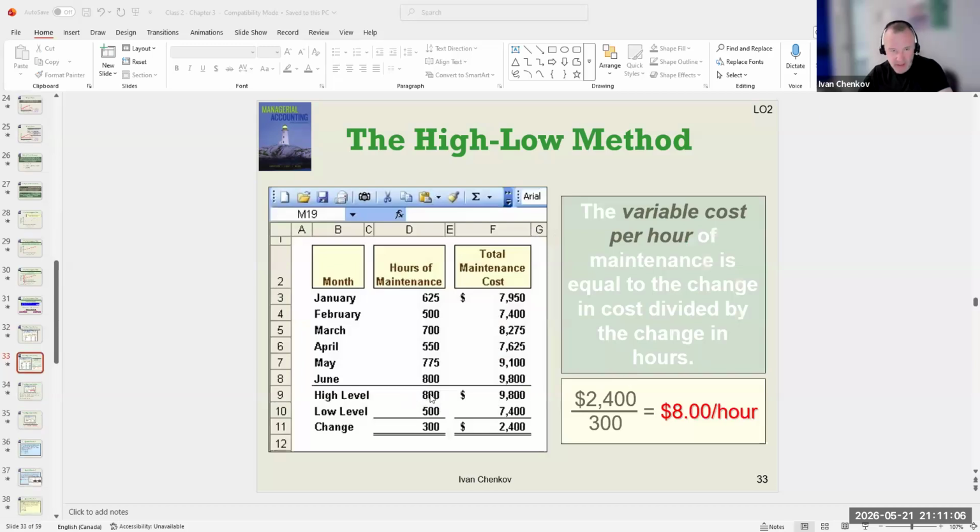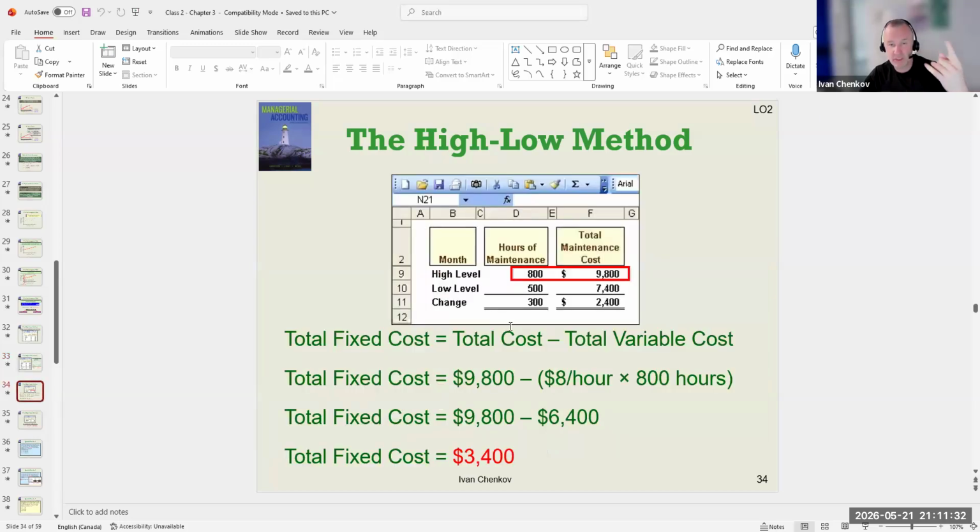Once you get the highest level of usage with the cost associated to that level, and the lowest level of usage with the associated cost for that level, you're getting the differences. From the differences, you're calculating the variable cost per usage, which is in this case hours.